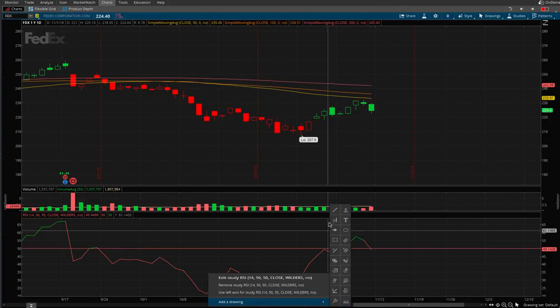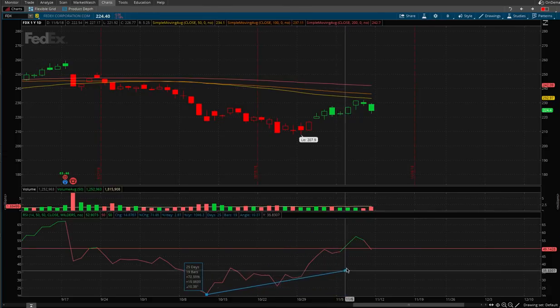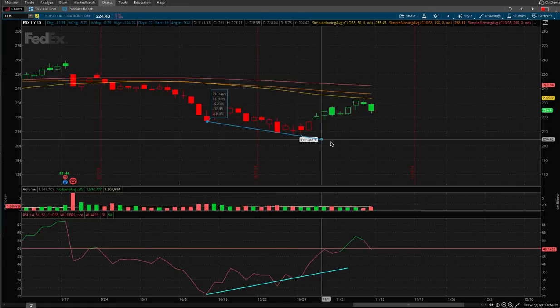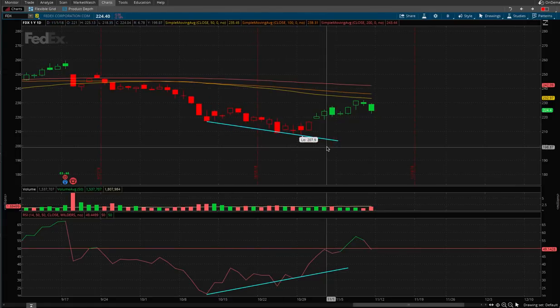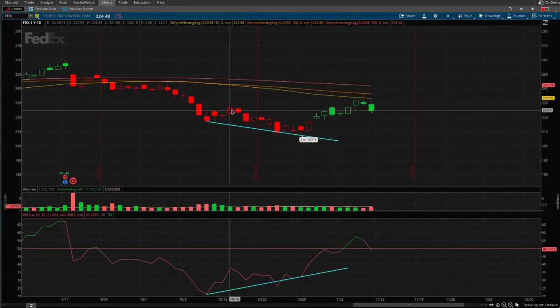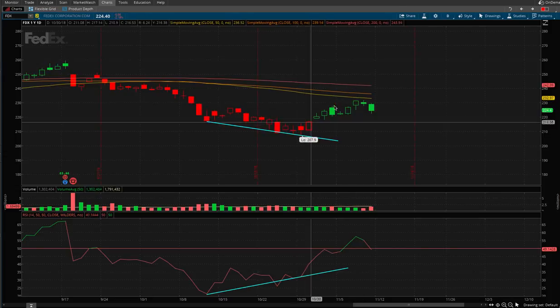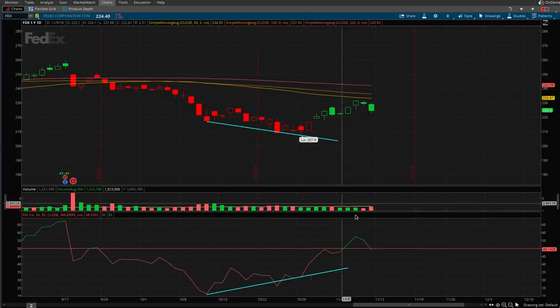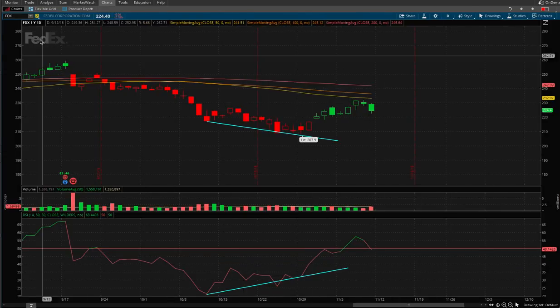So here we have this divergence, and from here we had a pop up, right? We had that pop up, okay? So this works on any stocks.